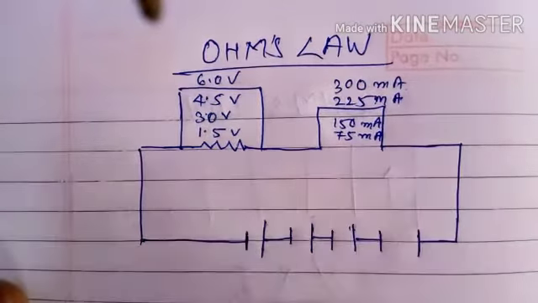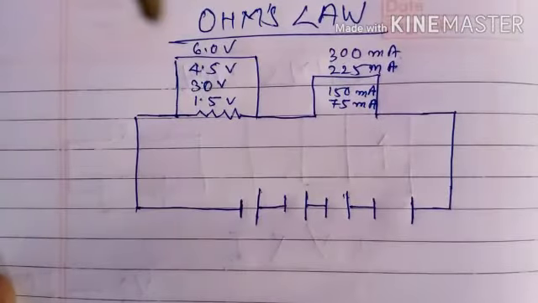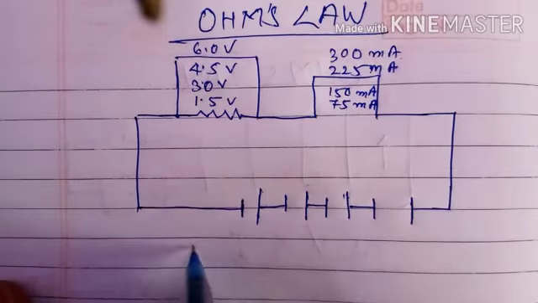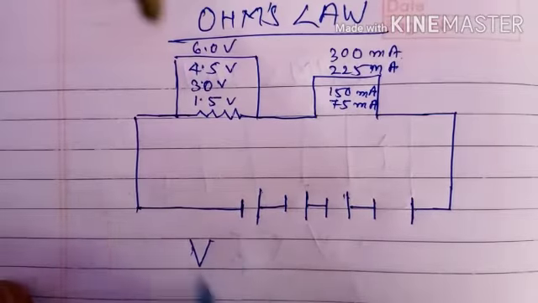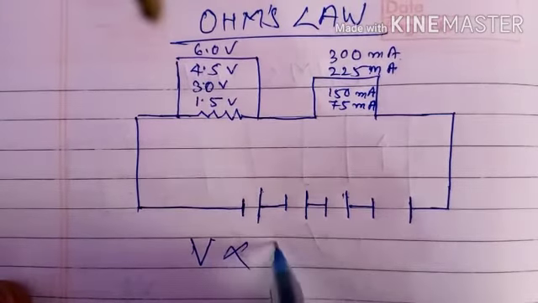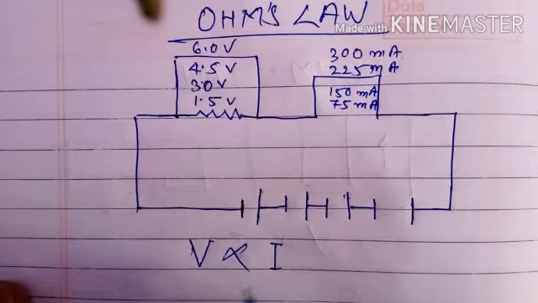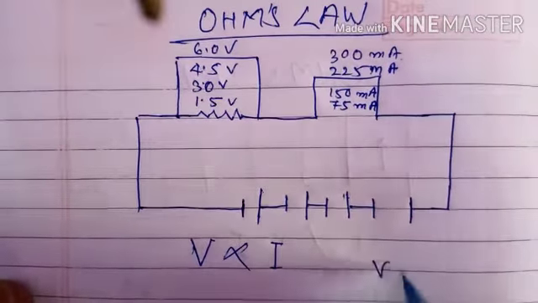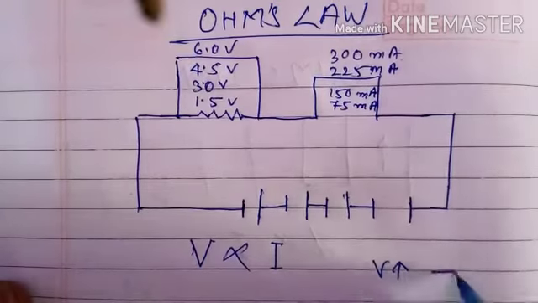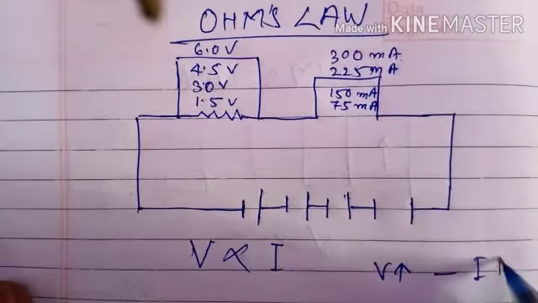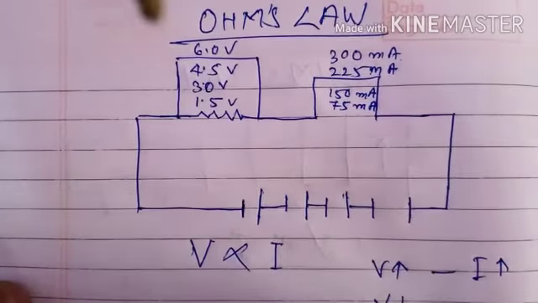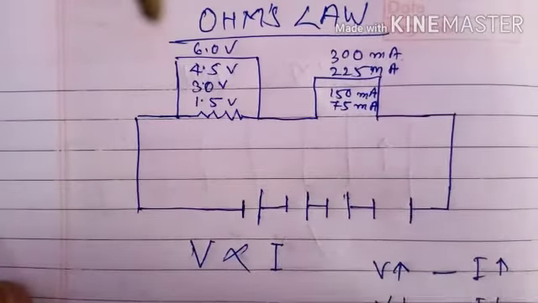So from this activity, students, what do we observe? We observe that electric current is directly proportional to voltage or the potential difference. That means if the potential difference increases, the electric current will also increase, and if the potential difference decreases, the electric current will also decrease.